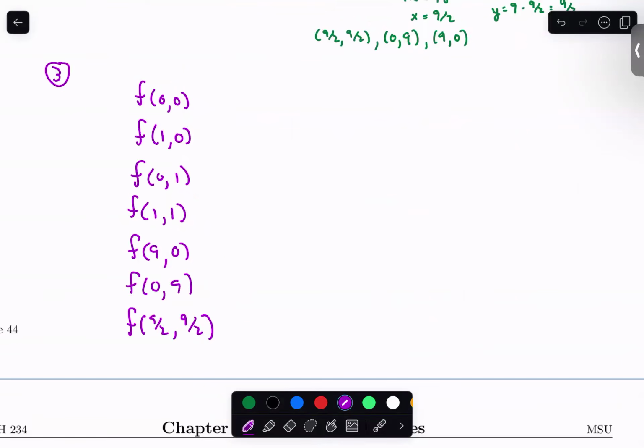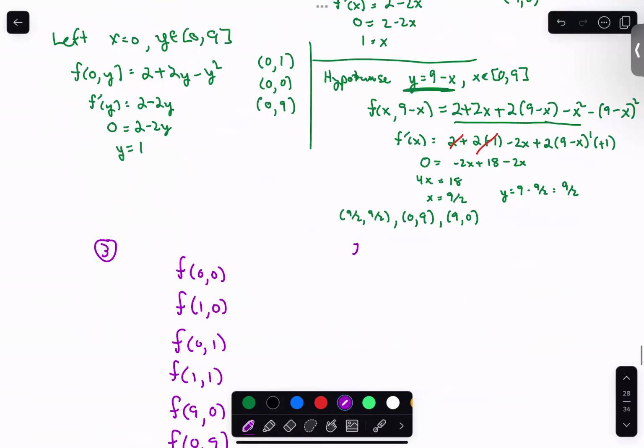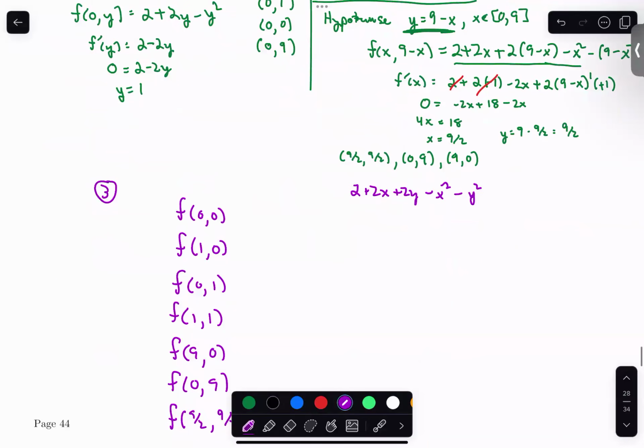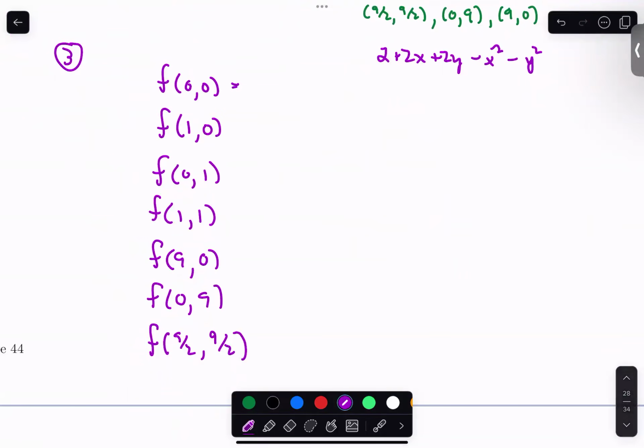And again, the function that I'm plugging these into, 2 plus 2x plus 2y minus x squared minus y squared. So when x and y are both 0, we just get 2. When x is 1 and y is 0, what we get is 2 plus 2 minus 1.